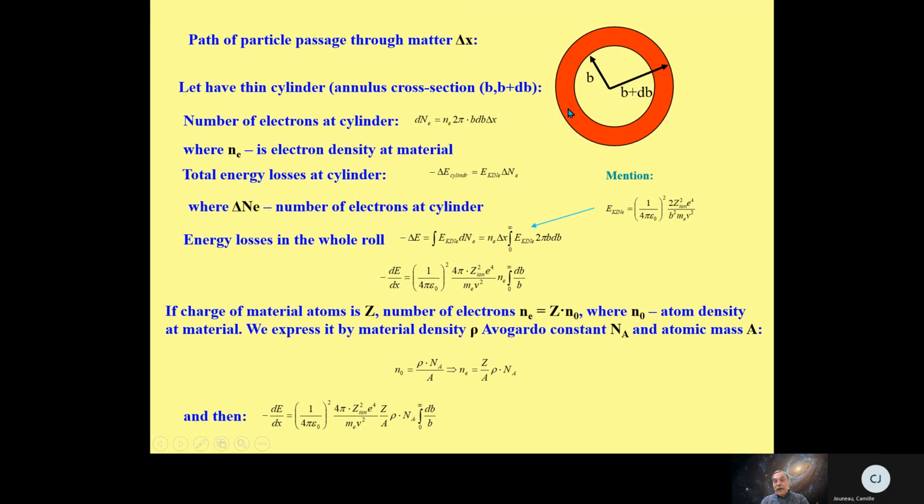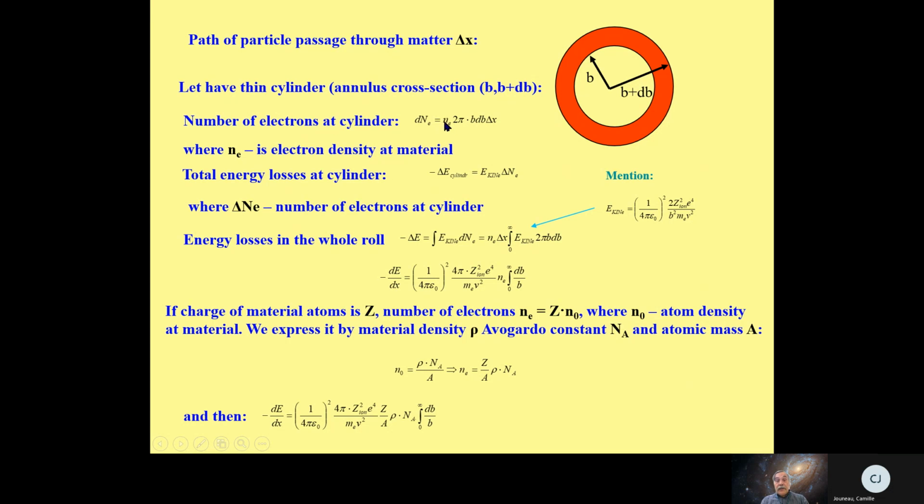That means it will be in this ring. We have a very thin cylinder, cross section b to b plus a small db. Okay, fine. And how many electrons will be in this cylinder?